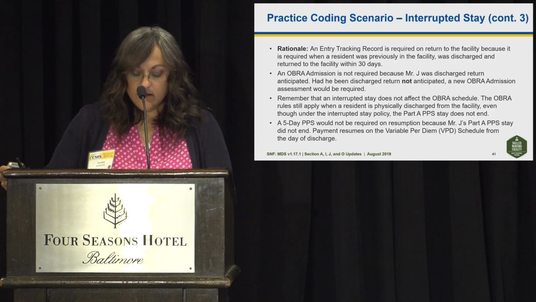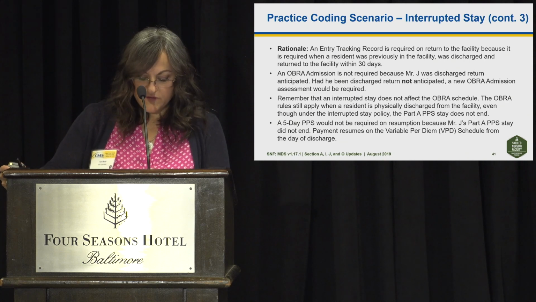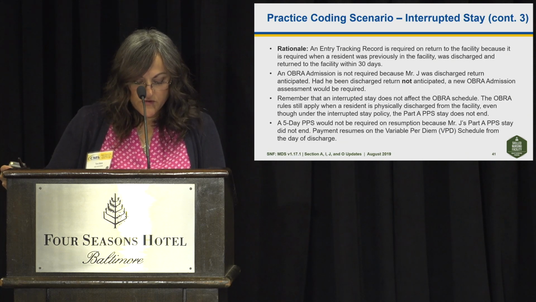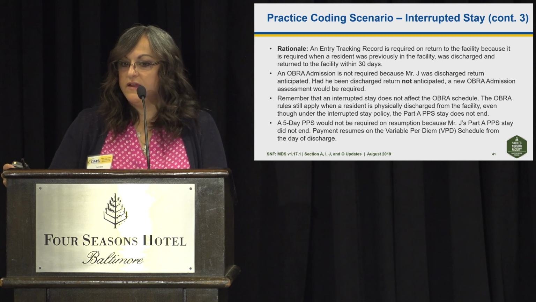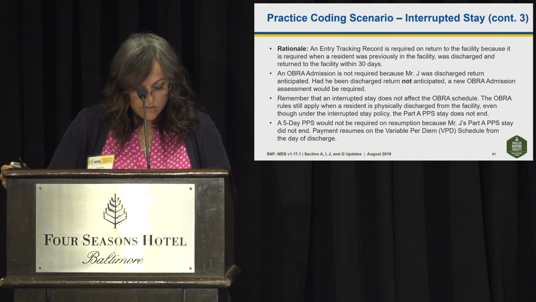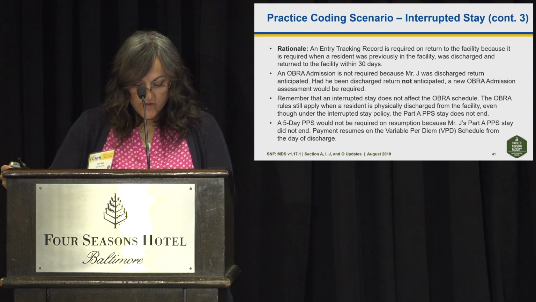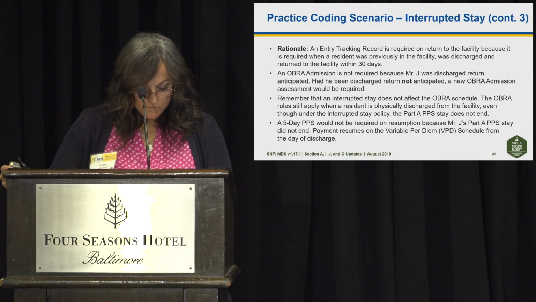And the rationale here is that the entry tracking record is required anytime a resident leaves and returns to the facility he or she was discharged from and returns to the facility within 30 days, right? That's your typical entry tracking record requirement. So since Mr. J was discharged, return anticipated, an OBRA admission wasn't required, right?